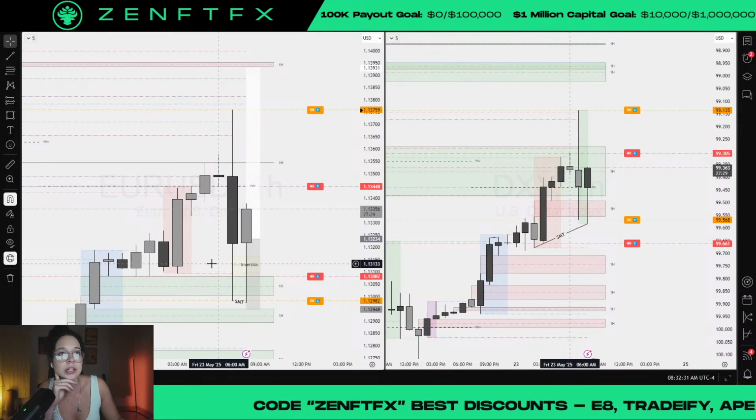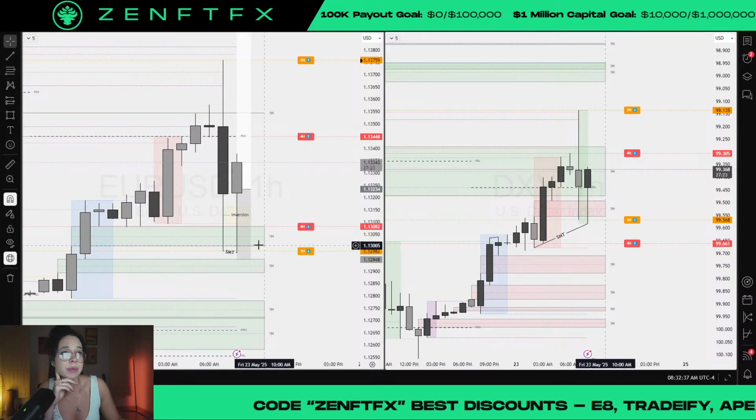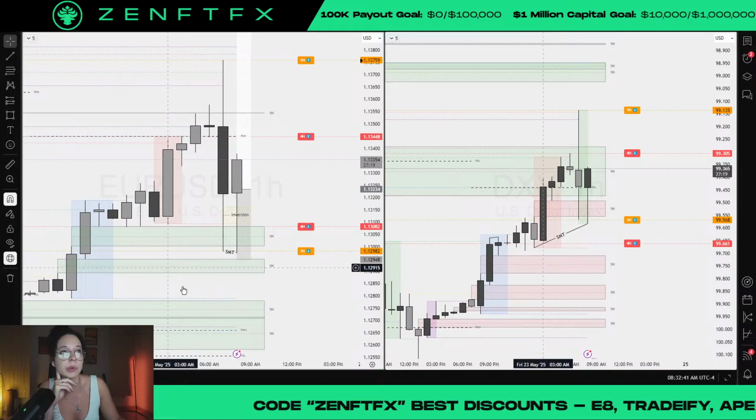We see here that London lows were taken out by Euro USD, and the previous 4-hour low, and the previous hourly low too. So we have 3 liquidity points that were swept, and then DXY failed to take out those respective lows as well.